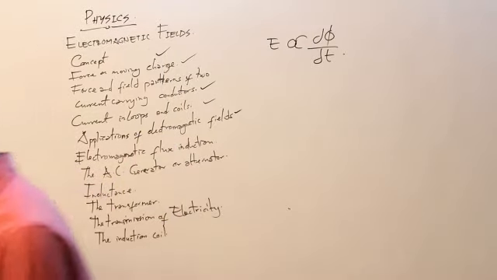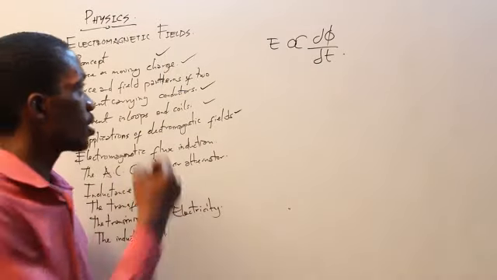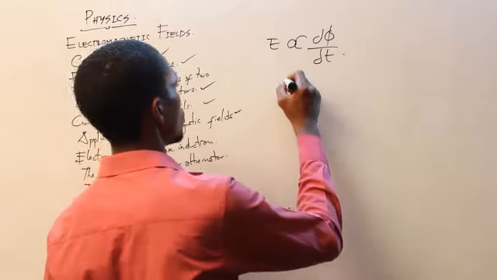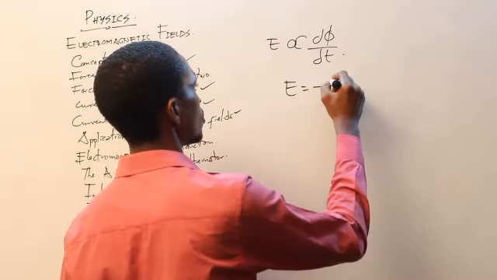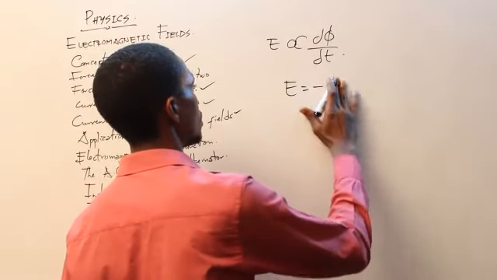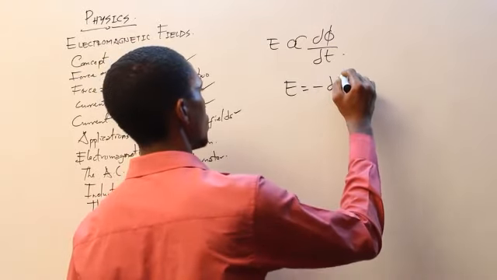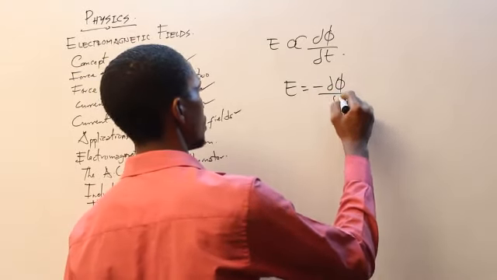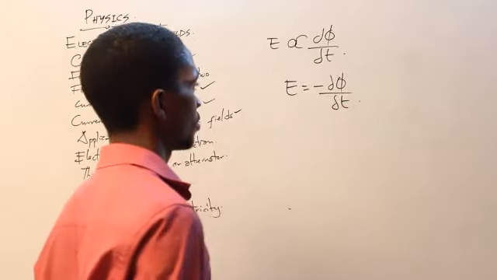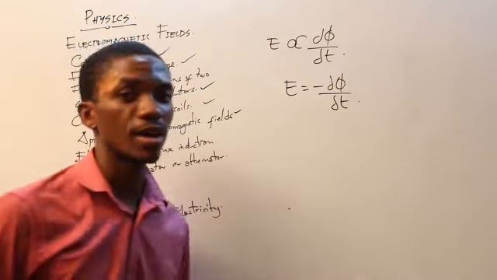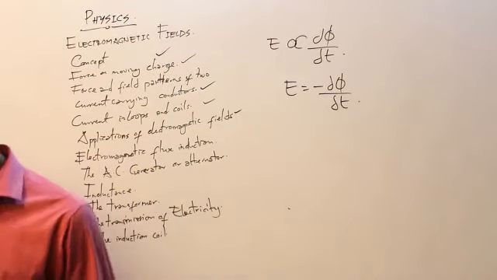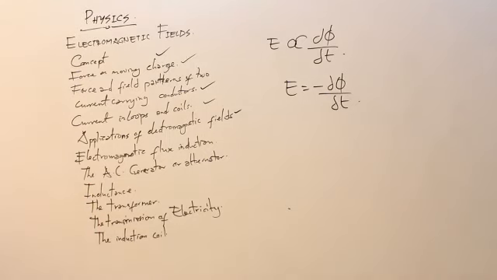So basically we have to work with this, and this results in E equals minus dΦ/dt. We simplify this for just a single turn.